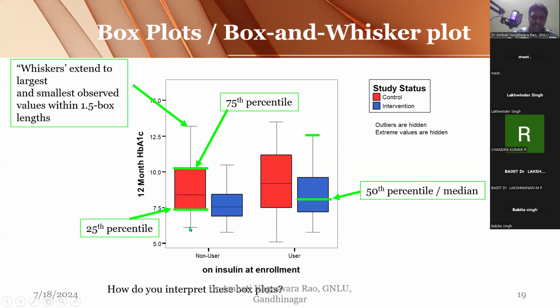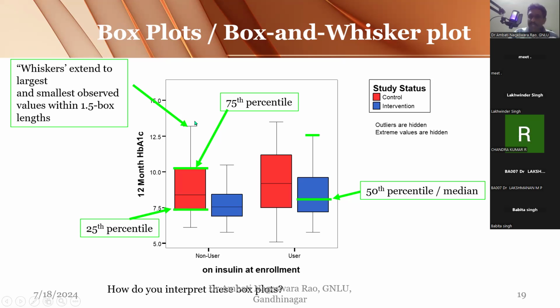From this particular point to this point, this is the 25 percentile of your data. From this line to this line, 50% of the data; this is the middle point. From this point to this point is 75% of the data, and up to this point we have 100% of the data.